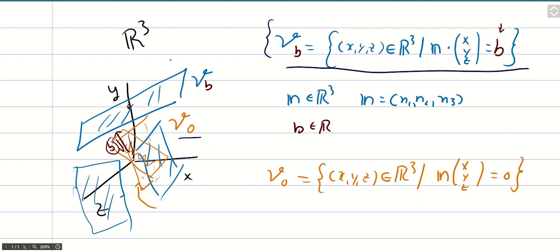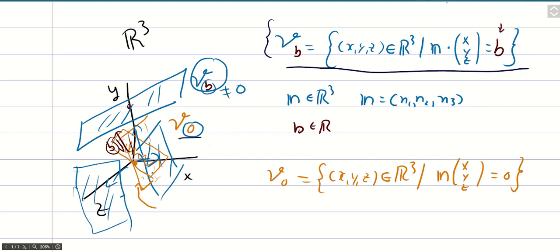Those are plotted here. So this is just a geometric representation of what this problem means. Any V of b with b different from 0 corresponds to a plane that never touches the origin. And when b is equal to 0, then the plane will always intersect the origin.